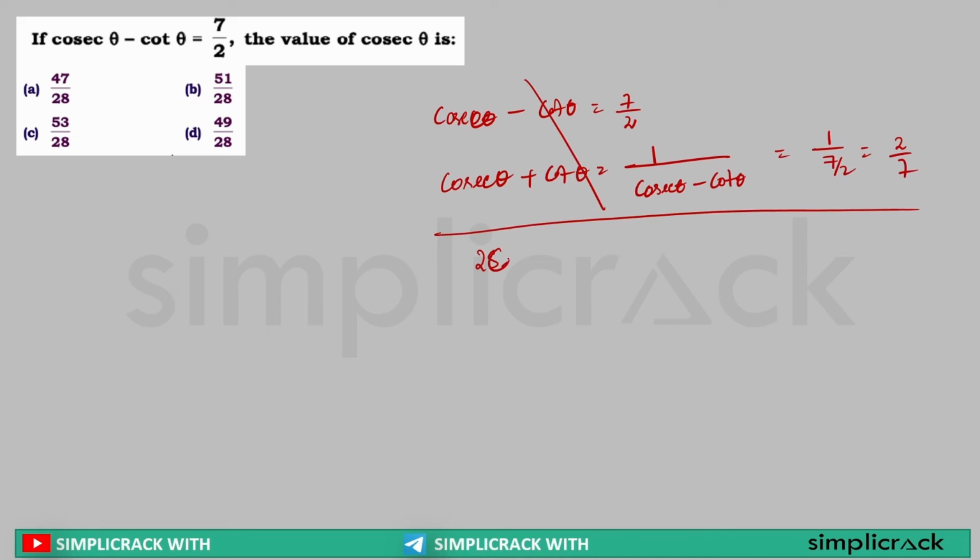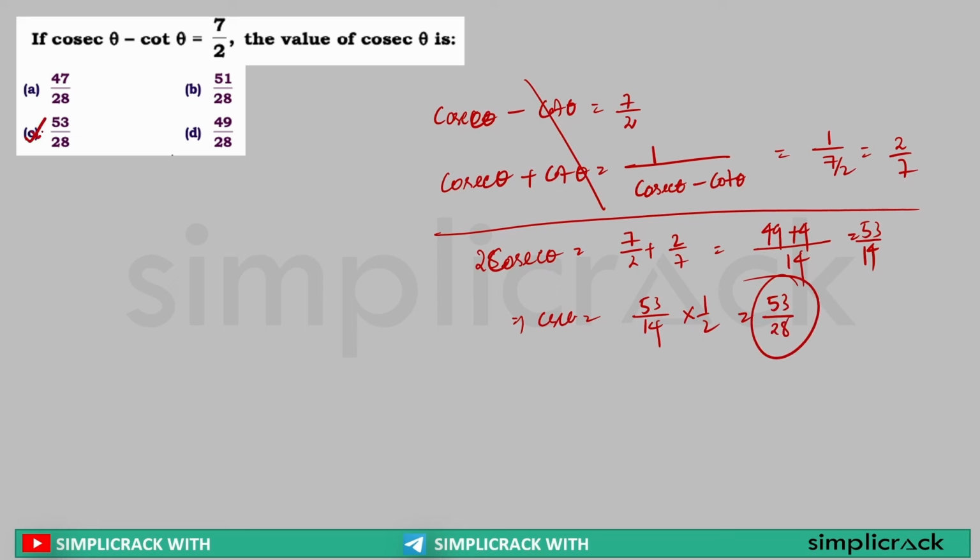So 2 cosec theta is equal to 7 by 2 plus 2 by 7, LCM 14, 7 7s are 49 plus 4, that is 53 by 14. 2 cosec theta is this much. So cosec theta is 53 by 14 into 1 by 2, or I can write 53 by 28 as the answer. That is option C.